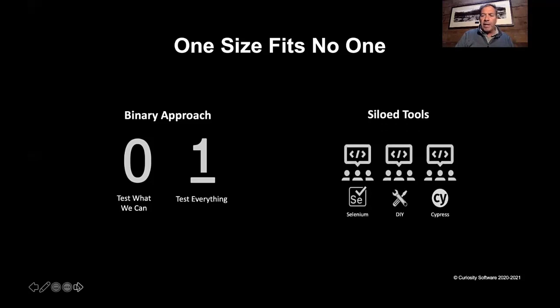The second thing we began to notice was a highly siloed tools approach, team by team. One team might prefer Selenium, another team might have its own framework, another might prefer Cypress. And by the way, this is okay. Software testing teams should have the affinity to choose whatever best fits their project.